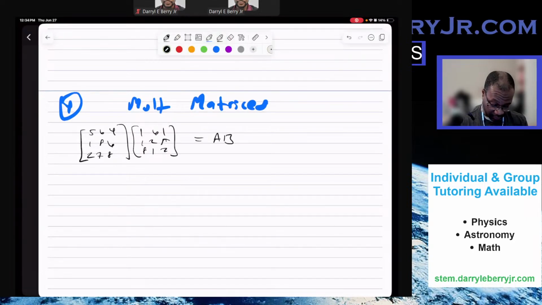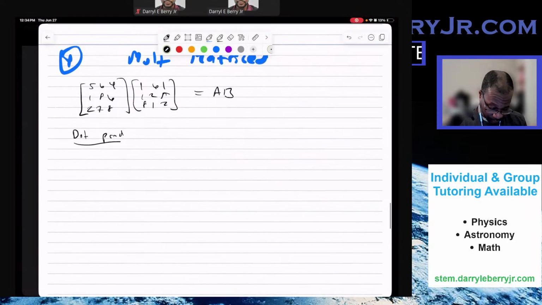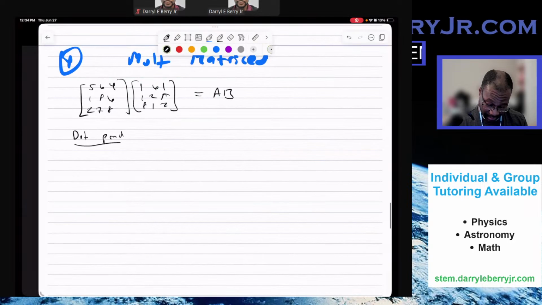So I'll do it the first way, dot product. I take the top row, 5, 6, 4, as it is. And I take the first column as it is. And I'll do the same thing for the second.